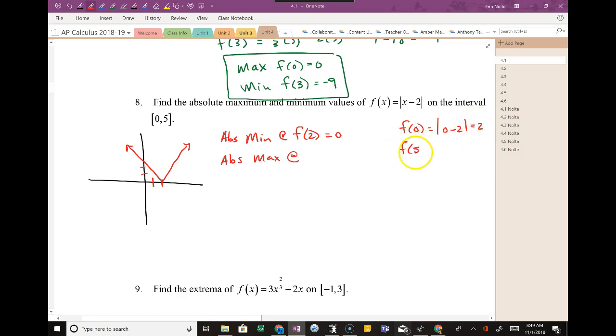And if I plug 5 in, I would get 3. So which one is bigger? 5. Yeah, f of 5 is going to equal 3. Pretty easy there? Not too bad.